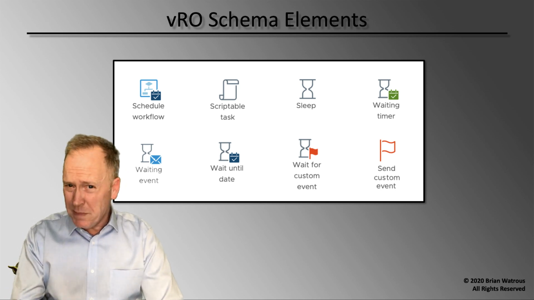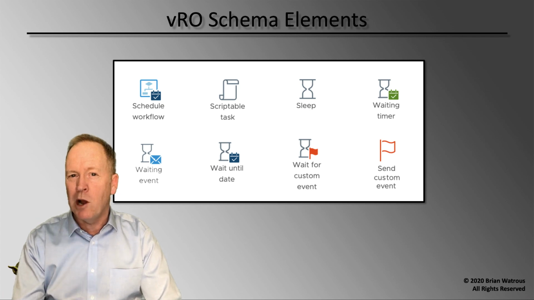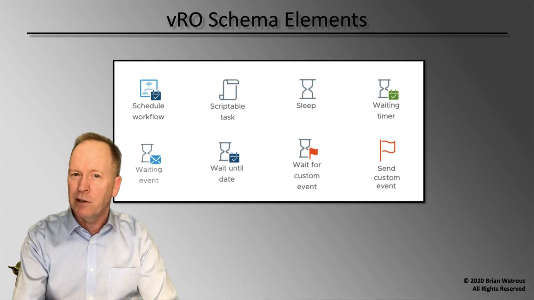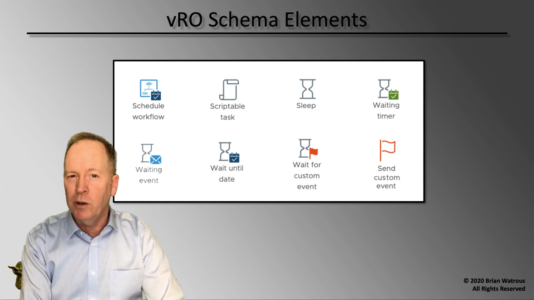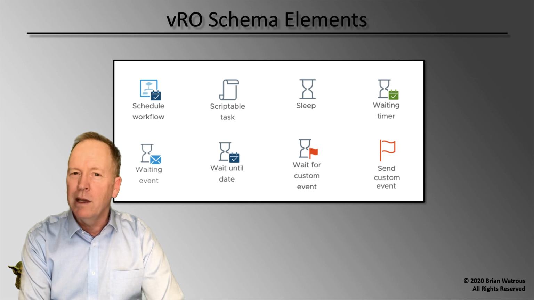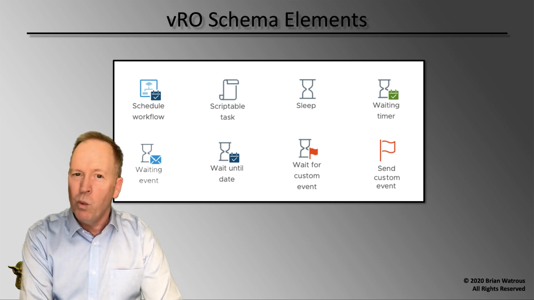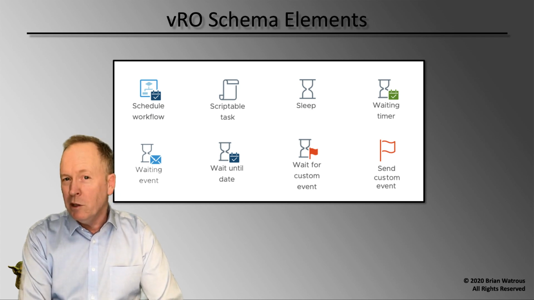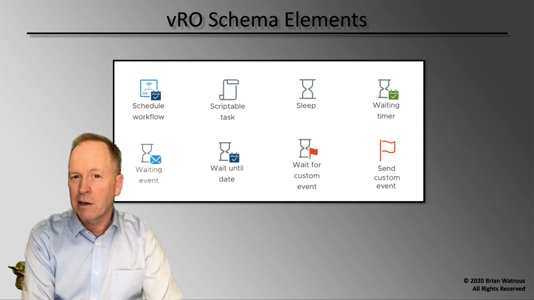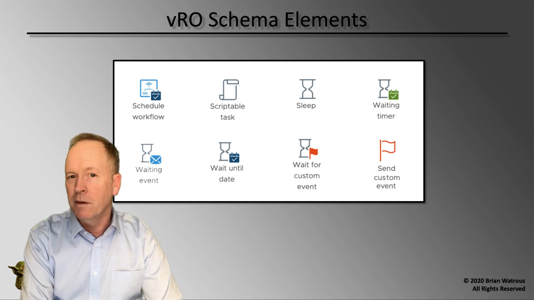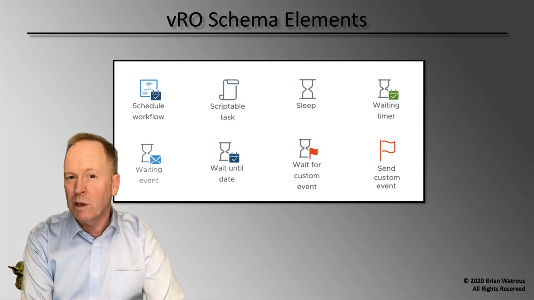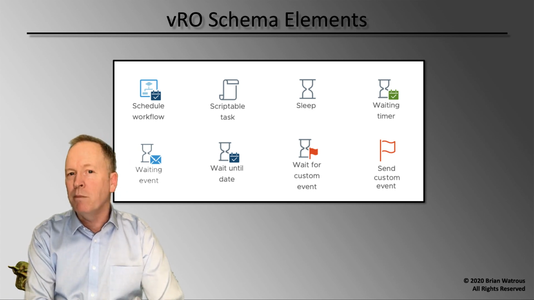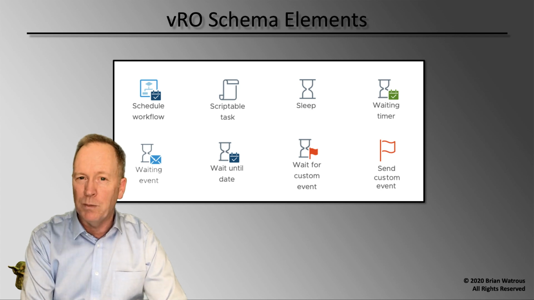But sometimes when your Orchestrator workflow contacts some external system and asks the external system to do something, the external system will reply back, okay, I'm on it, I'm doing it, but they don't necessarily all let you know when they're done. So what you can use the sleep for is to interject the necessary amount of time sleeping so that your workflow will give that external system enough time to complete whatever it is you asked it to do.